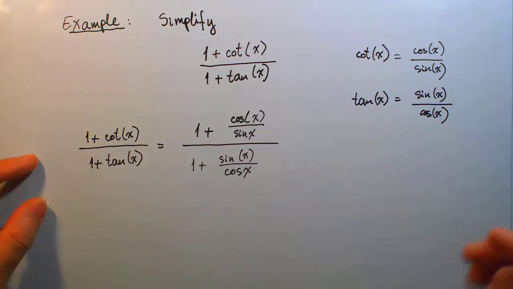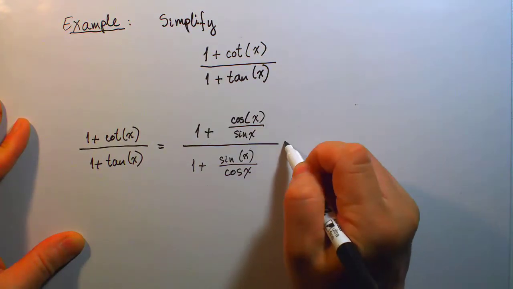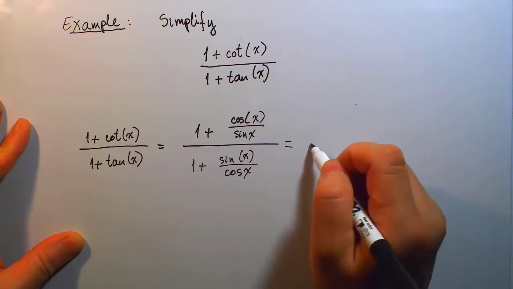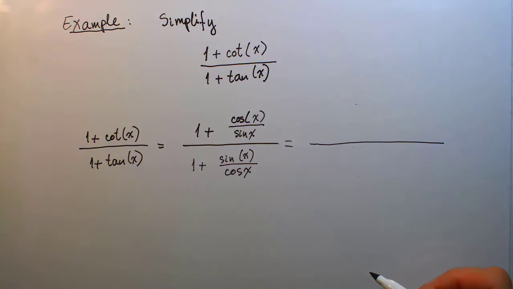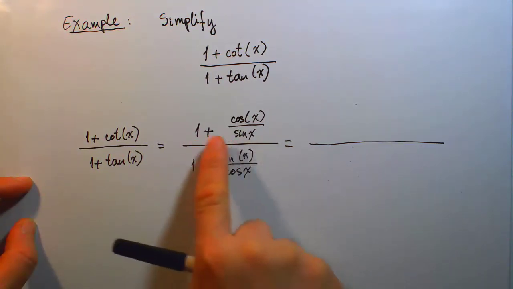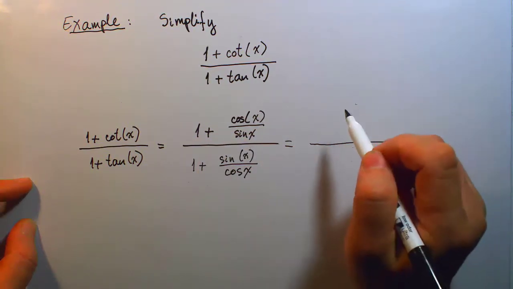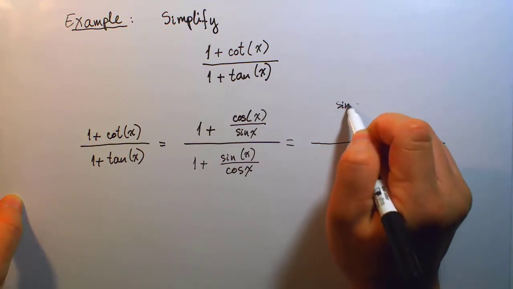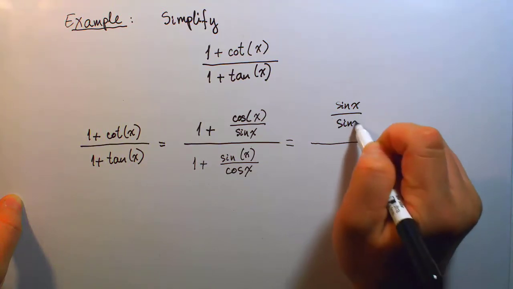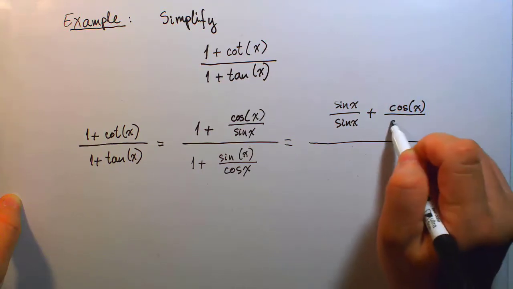I don't need this information anymore, so let me erase that to make some more space for myself. But now we do need to use the algebra here, and being in this class, my sincere advice is that we need to get your algebra skills going. And so we're going to make a common denominator. So my term 1 right here, I'm going to rewrite as sine of x over sine of x, plus cosine of x over sine of x.